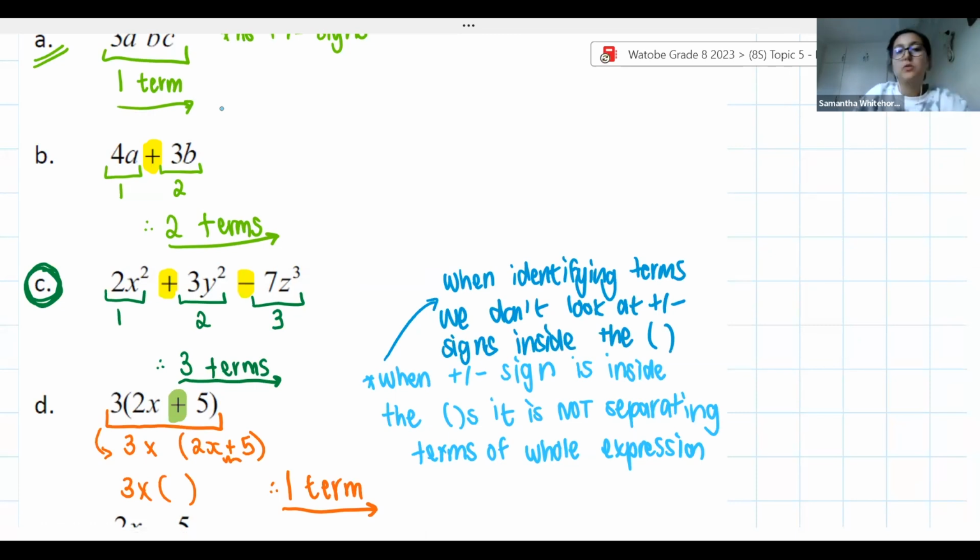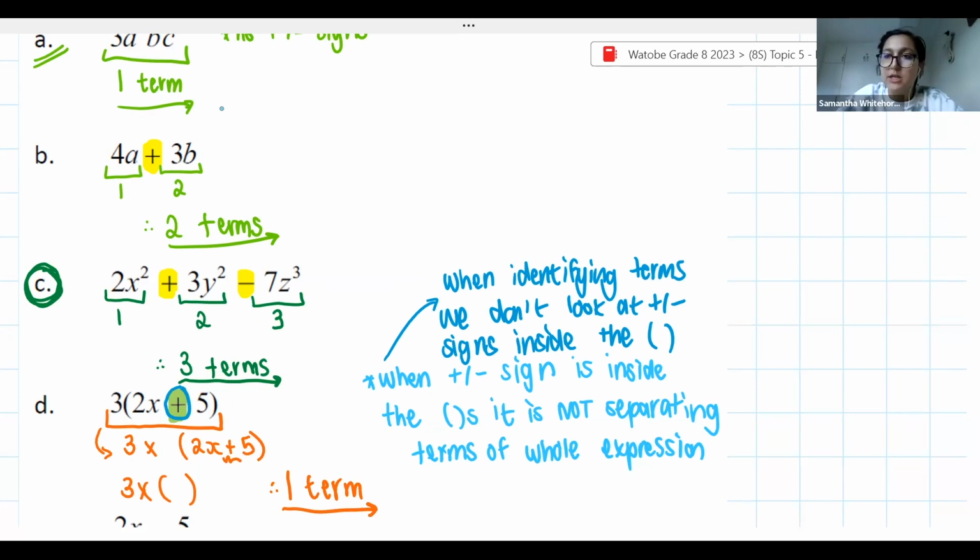Okay, so guys, what I was saying there when I said the sign inside the bracket doesn't matter is when we want to identify how many terms there are in an expression, we don't look at plus or minuses inside a bracket. We only look at the ones outside the brackets. So because this plus sign in D is inside the bracket, I'm not going to look at it right now. I'm going to ignore it.